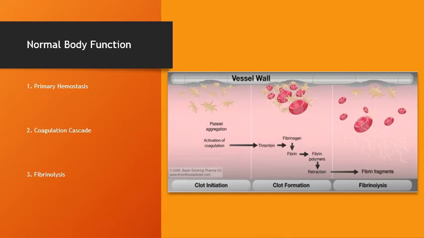The coagulation cascade follows the primary hemostasis step as the clotting factor in which proteins and fibrinogen are made into fibrin, which makes an even stronger clot to close up the injury. Fibrinolysis is the last step, when the clots are broken down to prevent any unnecessary clotting of the blood vessel.